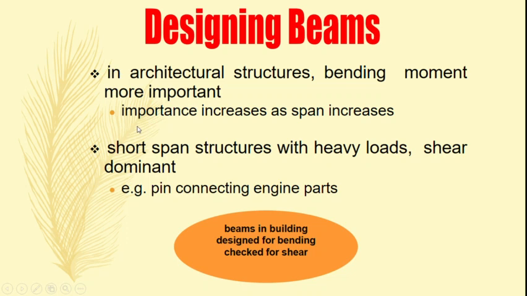Because the beam is long enough, and due to that the value of the bending moment is very high, and therefore bending moment is more important in case of long structures. And in case of short span structures with heavy loads, shear is dominant.